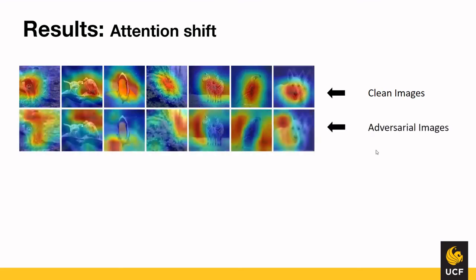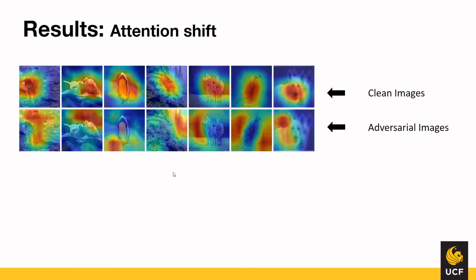Here we're visualizing the attention of the features on the perturbed, or adversarial, image. As expected, the attention is shifted off from the main object. I found this interesting because, although the attention shifts away from the main object, for most of these it still tends to be focused around some small point.